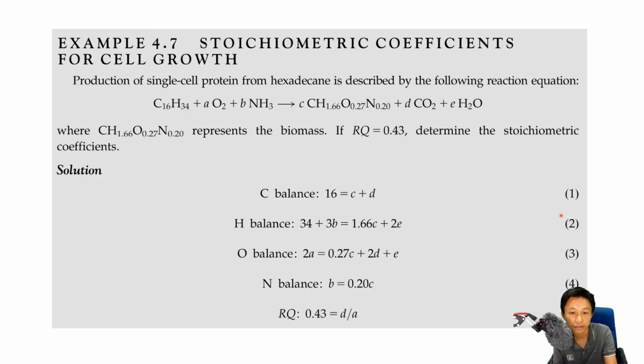Okay, we don't have the answer for this one, but in the end you need to find A, B, C, D. You have 5 variables, and you have 5 equations here. You need to do this one. Okay, I think it's not hard for you to do it.